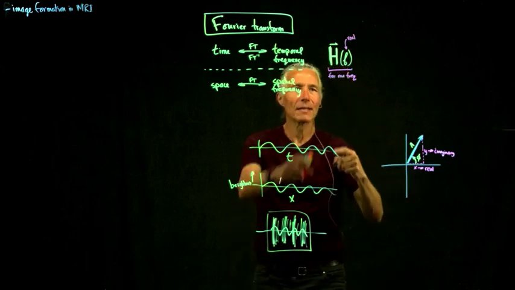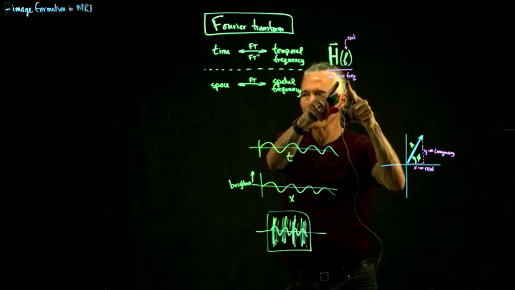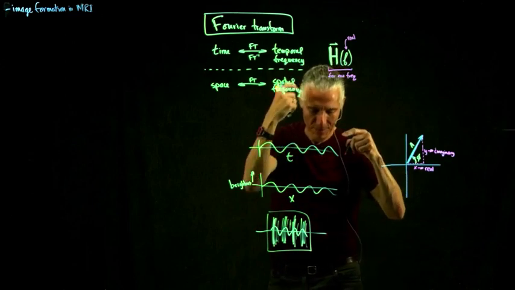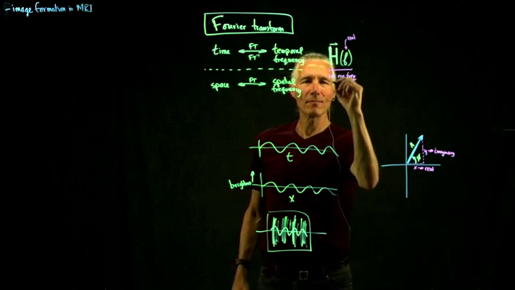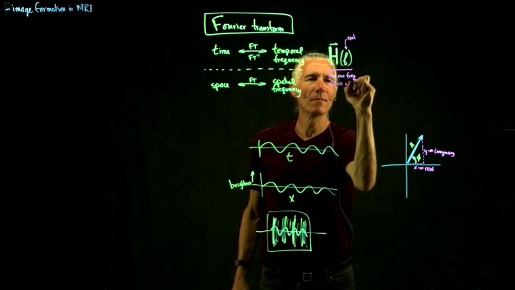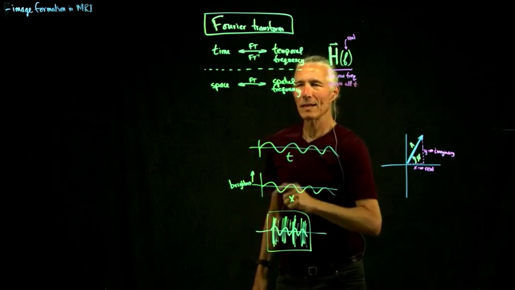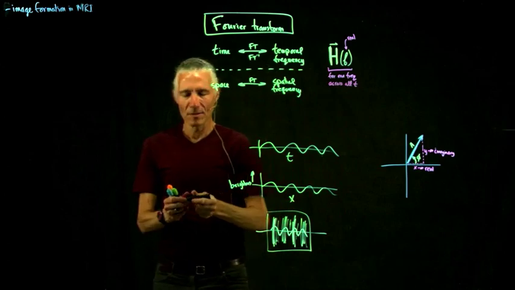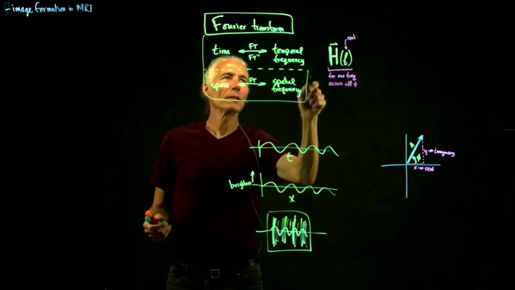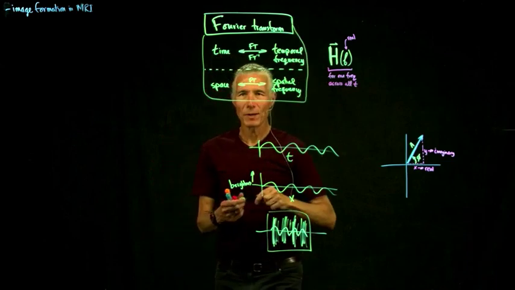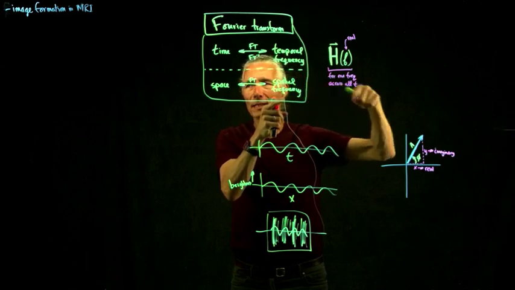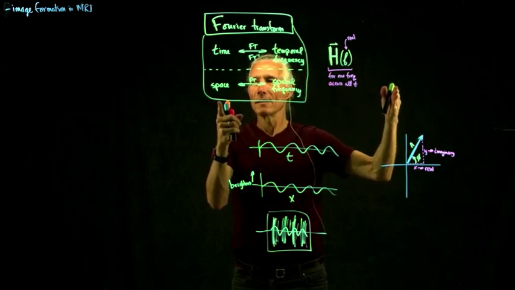So this guy's actually a vector. It's got a real and an imaginary part for one real frequency. And it's across all time. So that goes back to our original description of the Fourier transform. It's a way of converting between time and frequency, but when we convert to frequency, that frequency just extends across all of time.